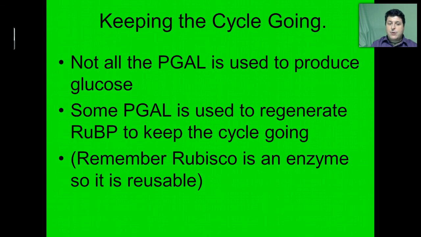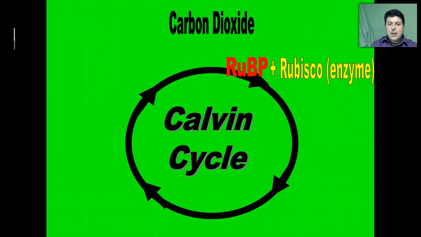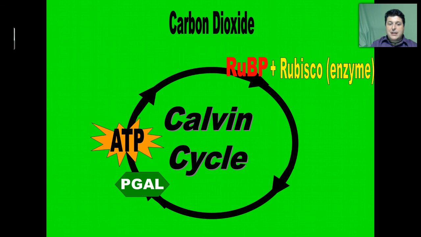We have to keep making RuBP because it's a limiting reactant to this Calvin cycle process. We don't have to remake Rubisco all the time because it's an enzyme, and enzymes are reusable. So some of the leftover PGAL is going to be recycled with an input of a little bit more ATP, and that will make more RuBP so that we can fix more carbon dioxide and keep the cycle going.